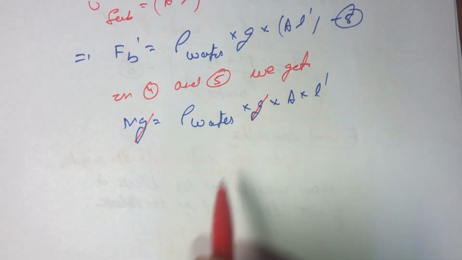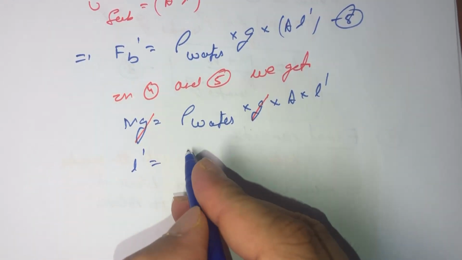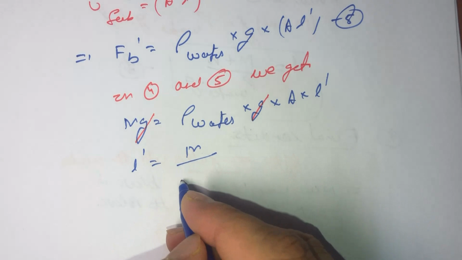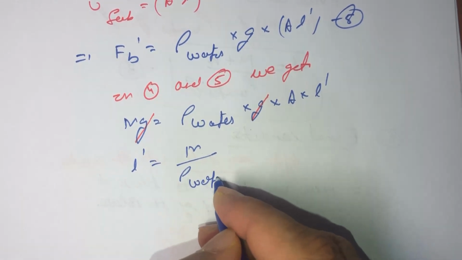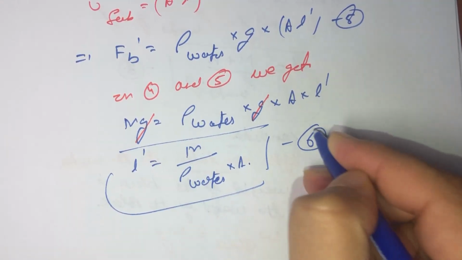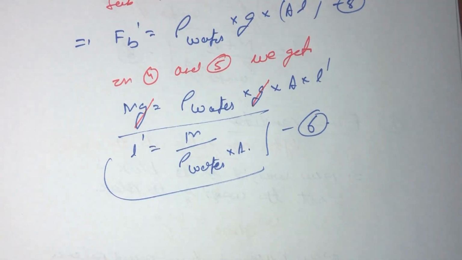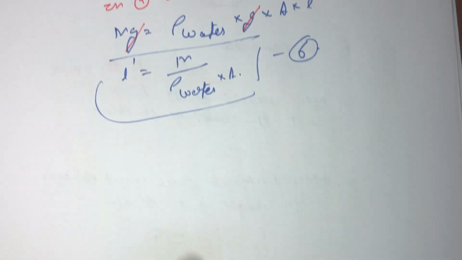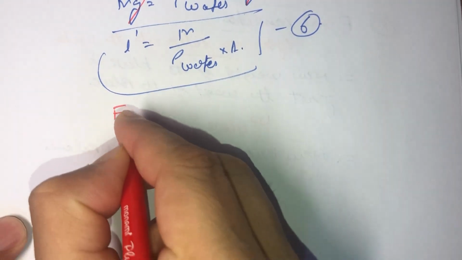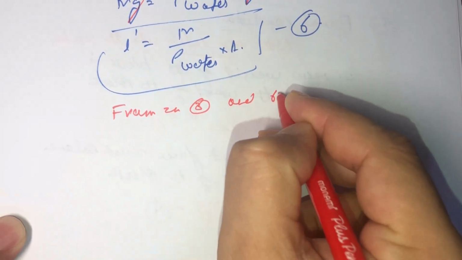G cancels out with g, so therefore we can write L prime is equal to capital M divided by density of water multiplied by A. Let us call this equation number 6. We already know the value of L, which is equation number 3. So now we are comparing equation 3 and 6.